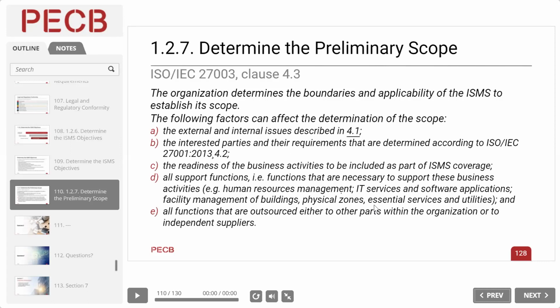It's allowed, and it's strongly advised for a large organization. So what we do normally is that you implement across the whole organization, but when it comes to the certification audit, then you scope. Then you have a higher chance of not getting things wrong.